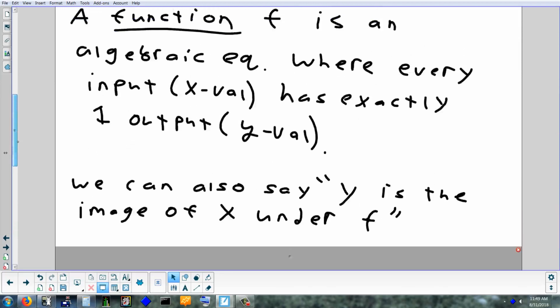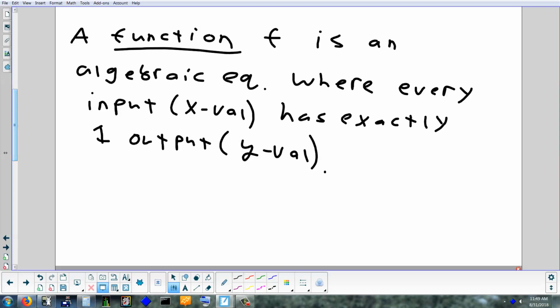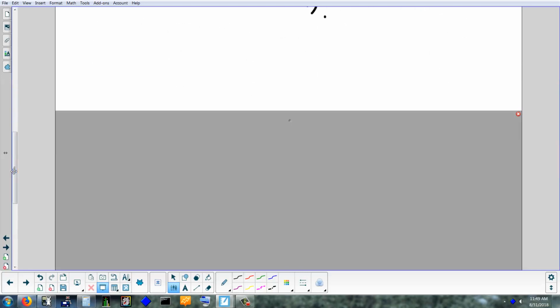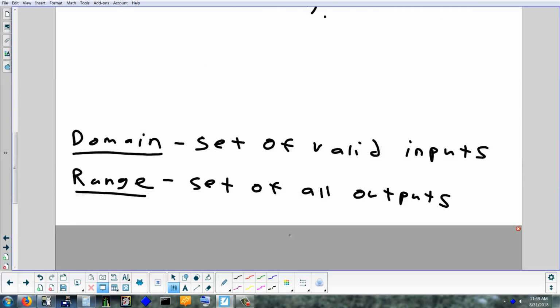Don't worry about that. Okay. Any question on that? All right. So the domain, we've already said this in various ways, but just to kind of formalize it on the board, domain is what you are allowed to plug in.